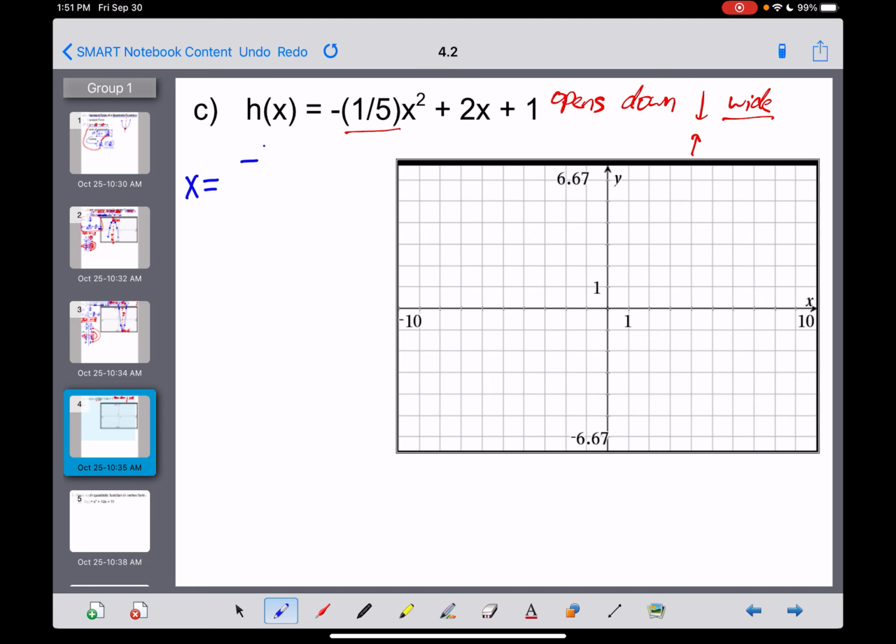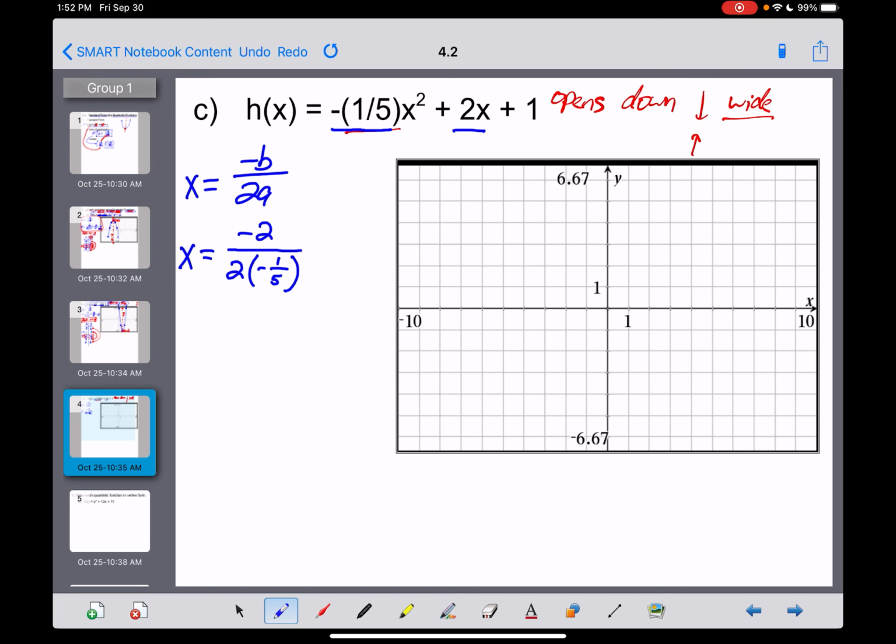x is equal to the opposite of b over 2a, and I don't think you guys are going to like what happens next. Let's take a look. b is 2, so the opposite of that number is going to be negative 2. Down on the bottom, we're multiplying 2 times your a value right here of negative 1/5. And I would imagine most of you guys would probably want to use your calculator here and use the stacked fraction feature.